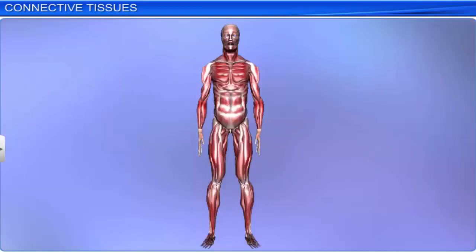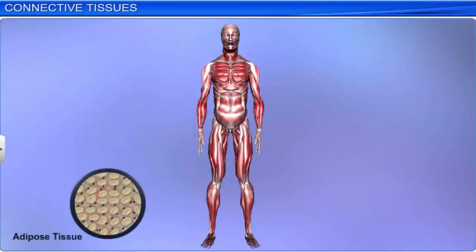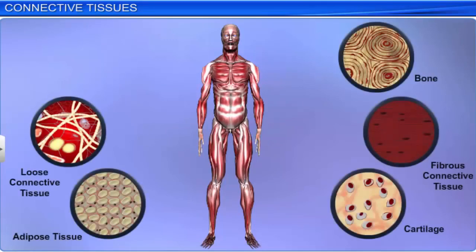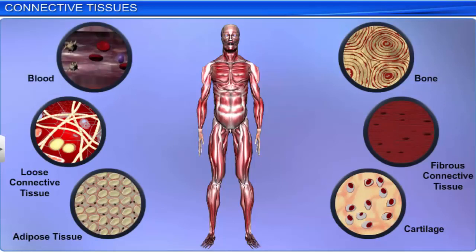Thus, connective tissue helps store fats, link and provide support to other tissues and organs, and transport various substances such as gases, nutrients and hormones to different parts of the body.